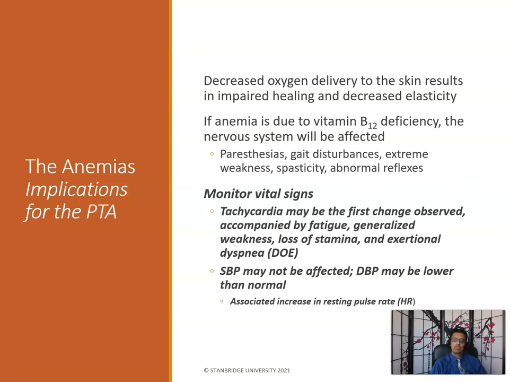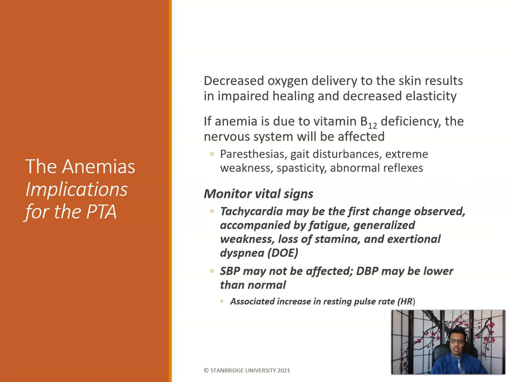Decreased oxygen delivery to the skin results in impaired healing and decreased elasticity. If anemia is due to vitamin B12 deficiency, the nervous system will be affected, so paresthesias, gait disturbances, extreme weakness, spasticity, abnormal reflexes. You should always monitor their vital signs.